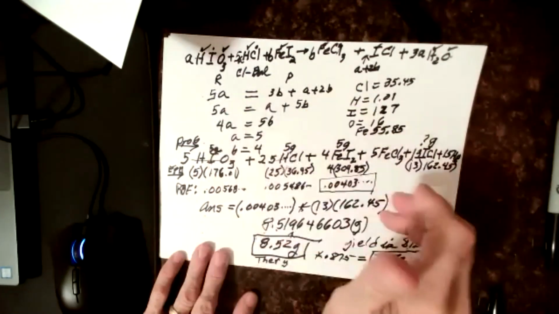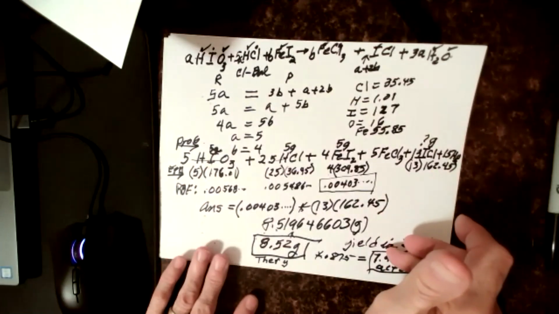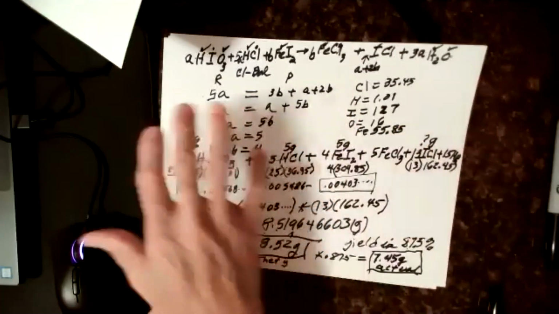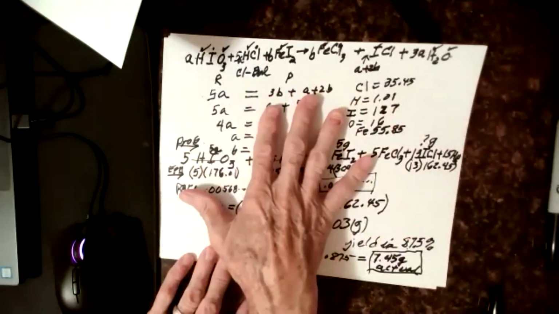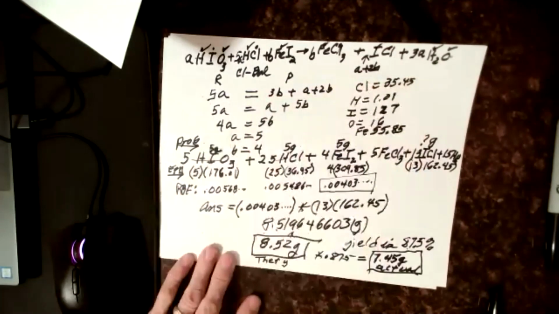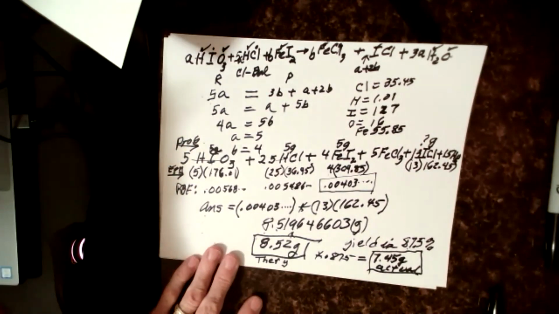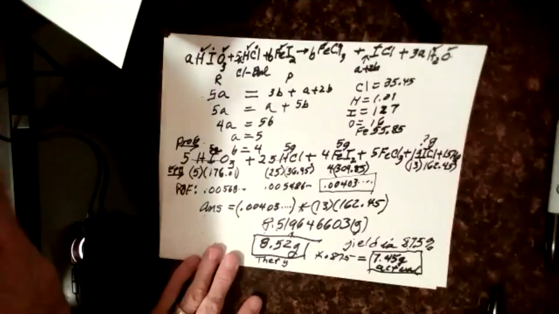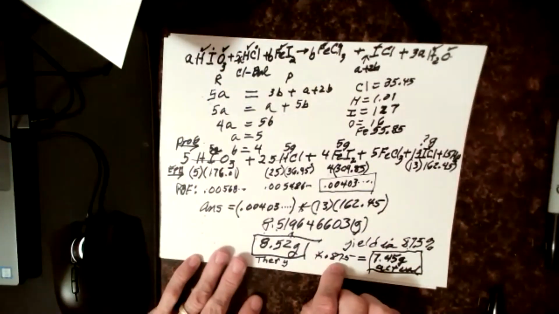So we can figure out what it would be once we know what we want. So again, what you're going to do is work the problem through theory first, and then take the percent yield into account. If you're looking at a product, how much product would you actually form, then you're just going to take the theory and multiply by the percent yield.